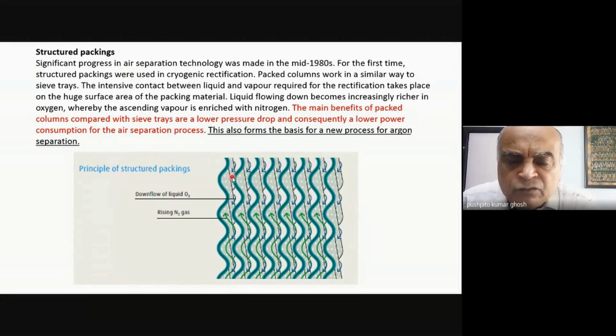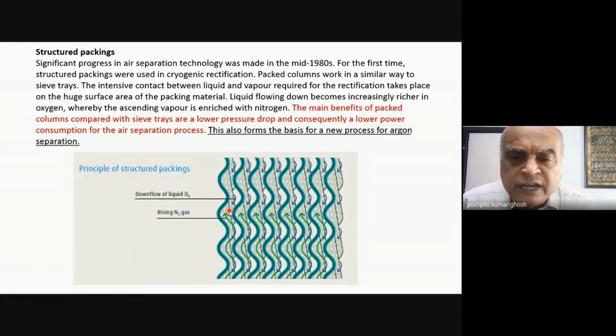But in these columns, basically what they do is that they are able to minimize the pressure drop. And the second is they are able to maximize the contact area between the vapor and the liquid, because that's what I need. I need to maximize my contact area so that I reach equilibrium more efficiently between the vapor and the liquid.